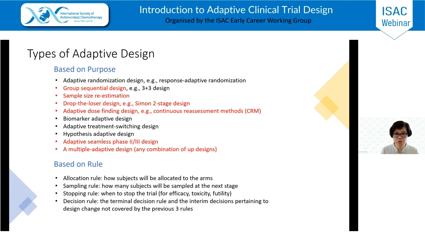Then there is the group sequential design. The traditional 3+3 design is actually a group sequential design. Then sample size re-estimation, then drop-the-loser design, or dropping one of the loser arms. And there is the adaptive dose finding design. The previous ones are different; this one is actually continuously adaptive.